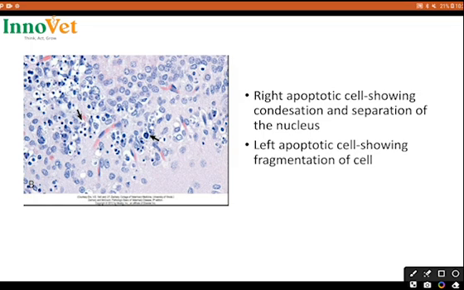At our right, we can see condensation and separation of the nucleus of the apoptotic cell. Then on the left, we can see fragmentation of the apoptotic cell, forming the apoptotic bodies.